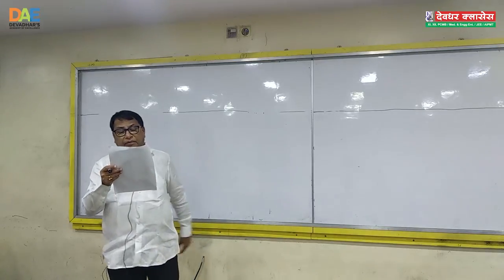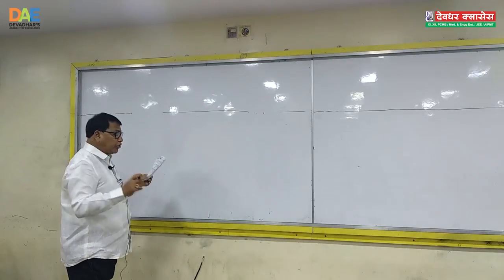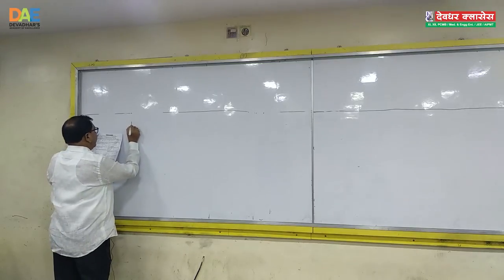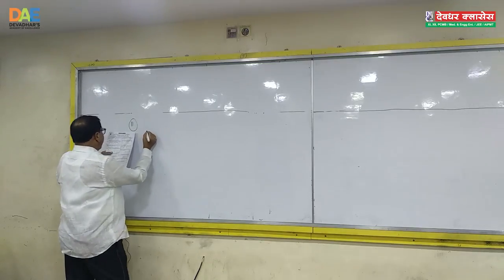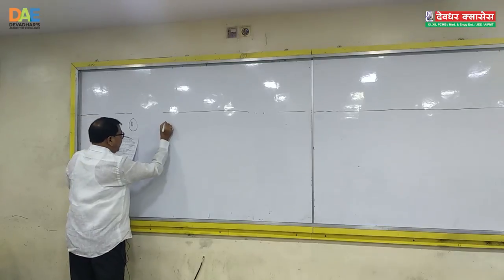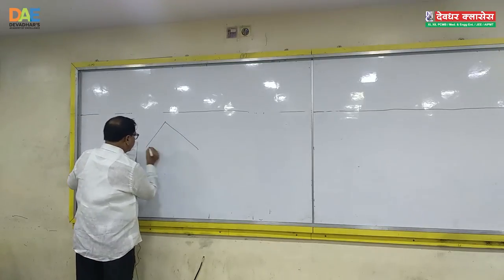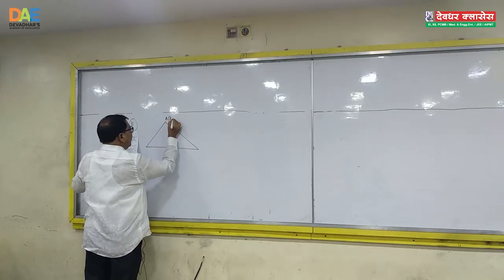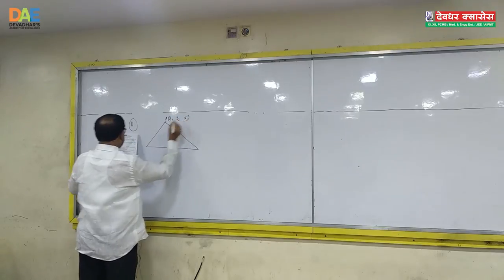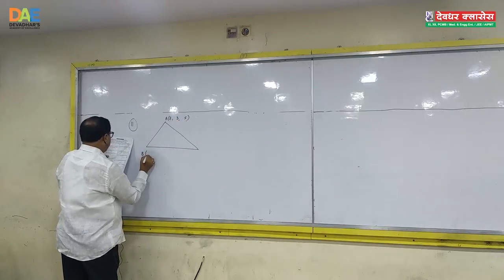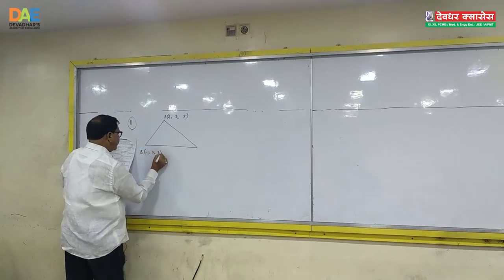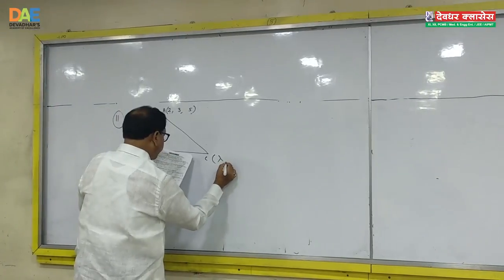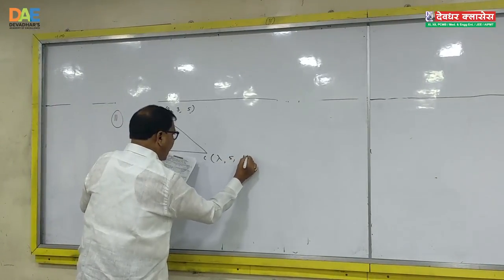Okay, now we shall deal with example number 11 in your sheet. Triangle ABC, A is (2, 3, 5), B is (-1, 3, 2), and C is (lambda, 5, mu).